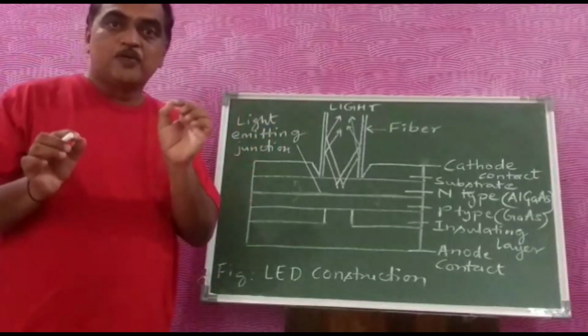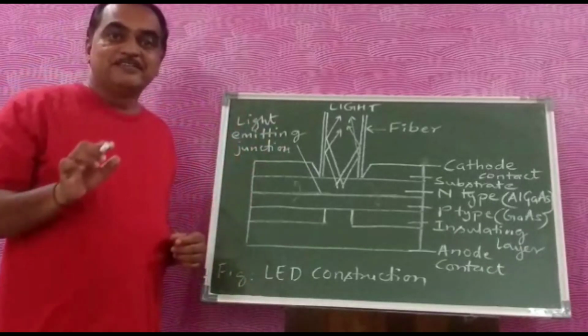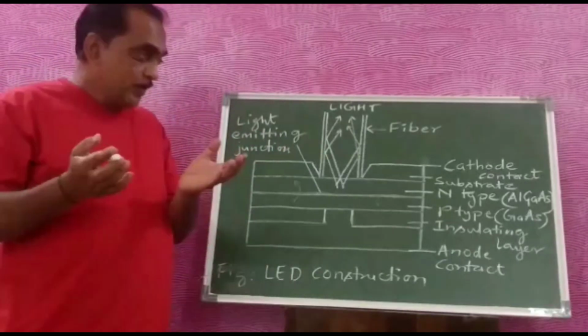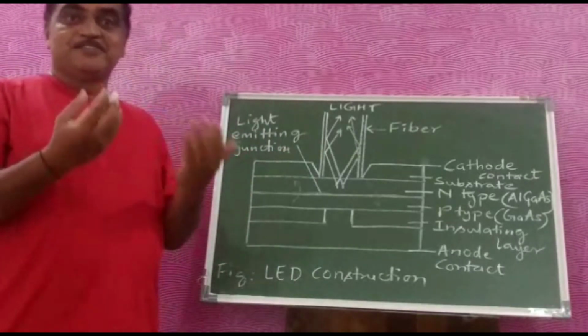Whenever one electron and one hole recombine, one photon is emitted. That is the element of light. So whenever this recombination of electrons and holes takes place, light is generated.